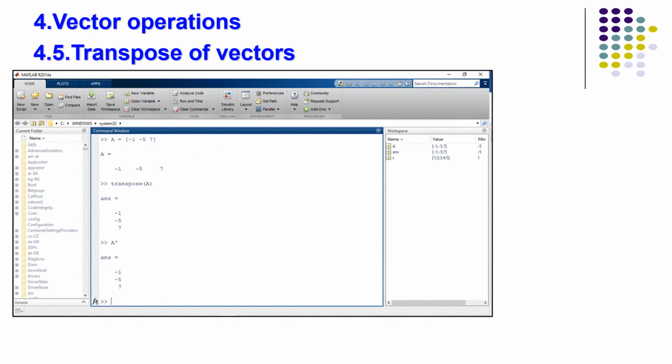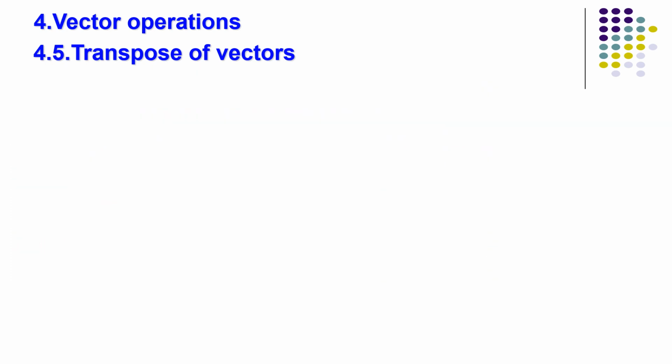Now, the transpose of a vector, which means if we have a column vector, how we can make it a row vector, and the opposite. Using the command transpose with the name of the vector between parentheses can give the opposite or the transpose of the vector, or using the transpose operator like here.